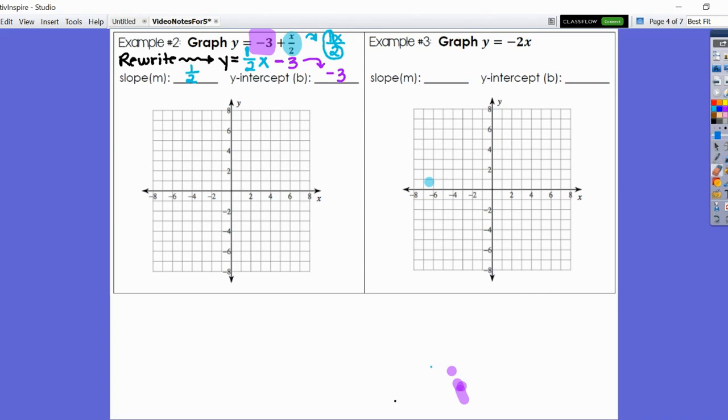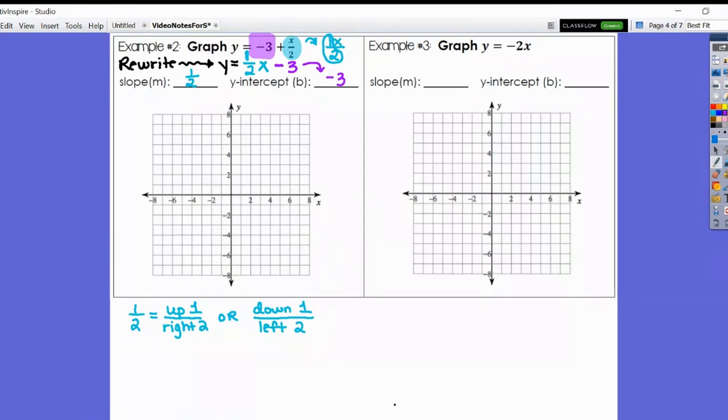Now I have two options for that 1/2 slope to be plotted on my graph here. 1/2 means up 1 since it's a +1, and right 2 since it's a +2 in the denominator. Or a 1/2 slope can also be the opposite of that, which is down 1 and left 2. I can do the exact opposite of what I just did to keep my line completely straight.